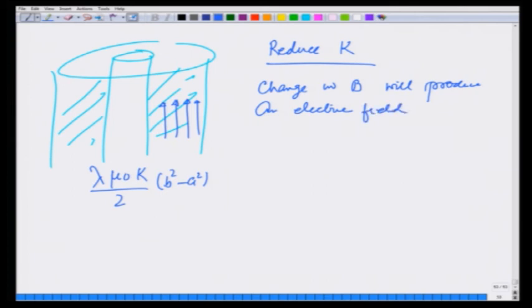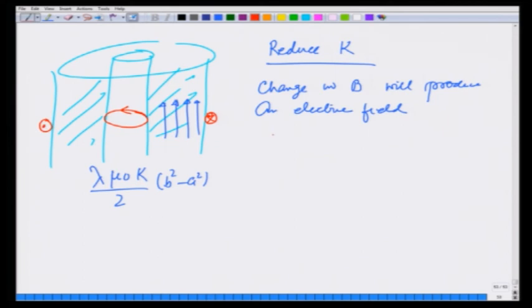Okay. And how would the electric field be? Electric field will be such that it generates field in the same direction, and therefore, the direction of the electric field is going to be like this, going in here and coming out on this side.